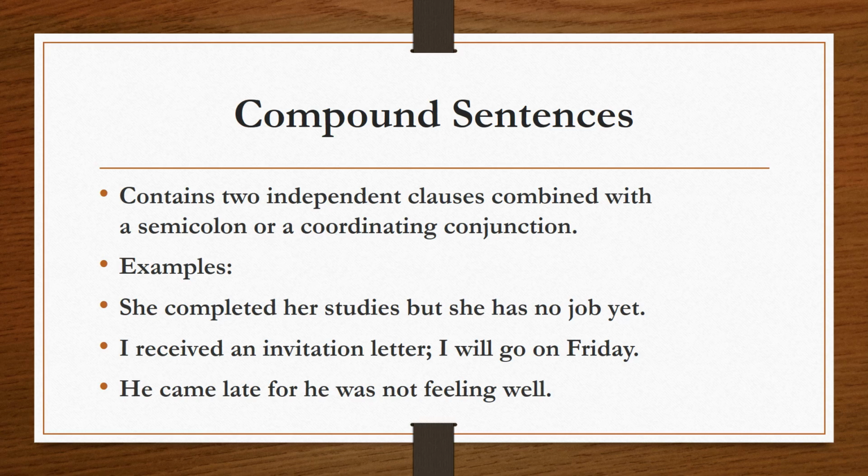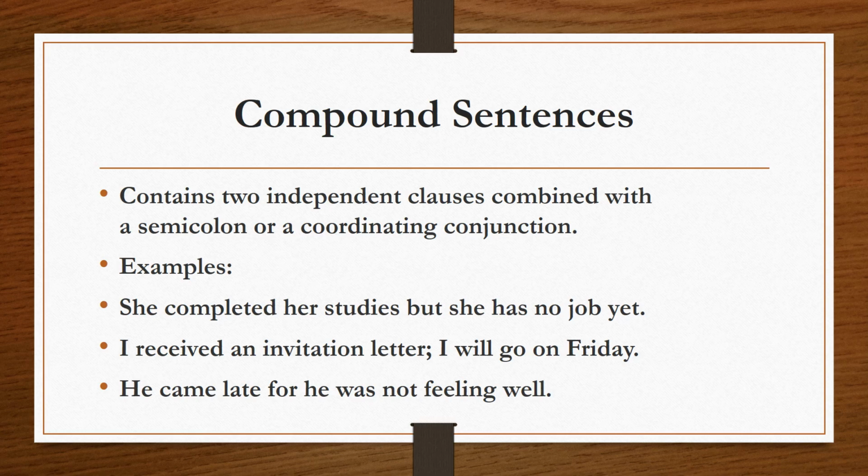Then another example is, I received an invitation letter; I'll go on Friday. So you see after the semicolon there's a capital letter I because it's an I. But normally, if it was not an I, it would start with a small letter.